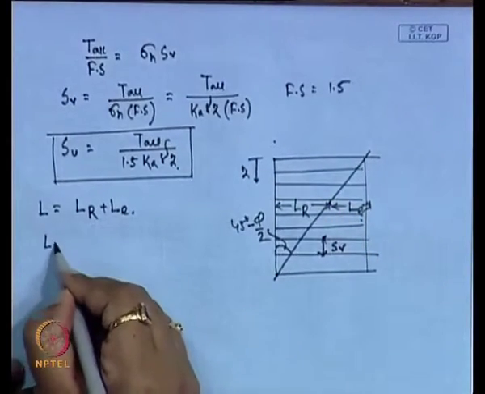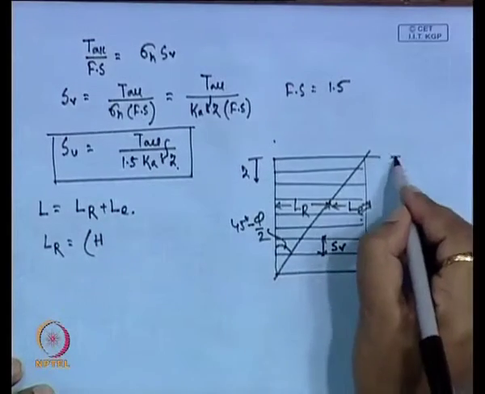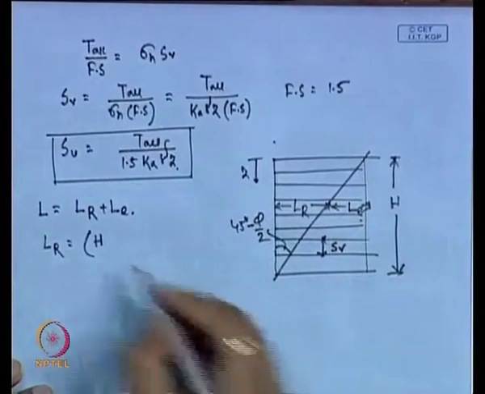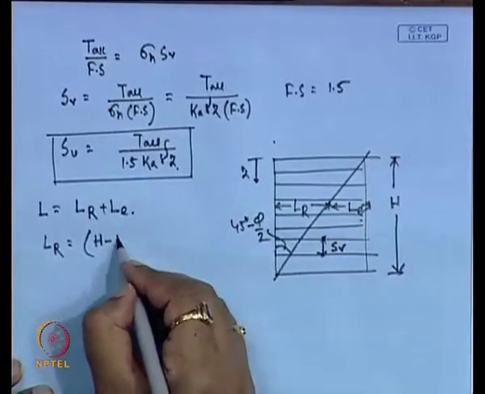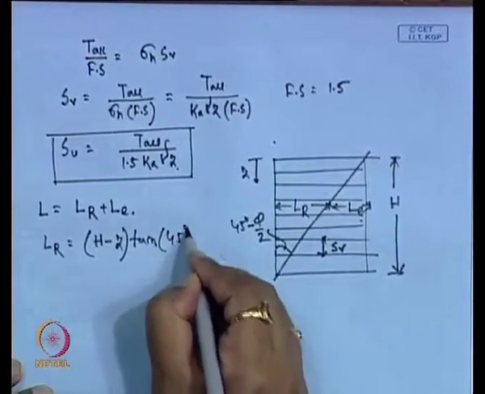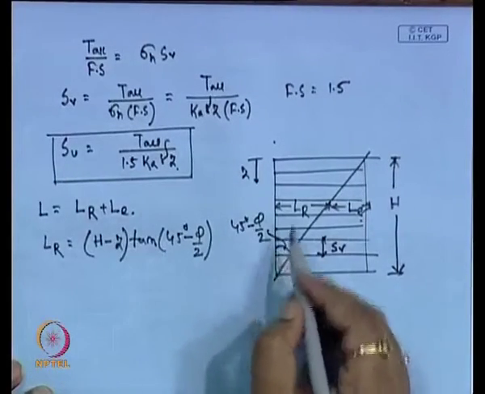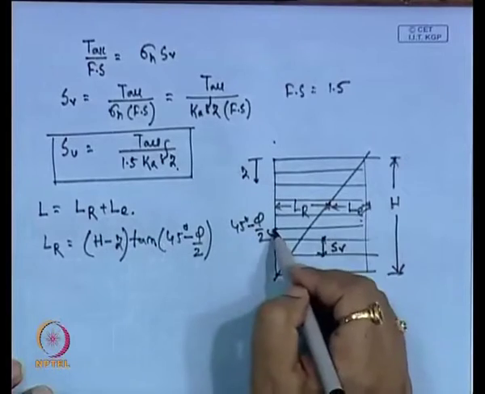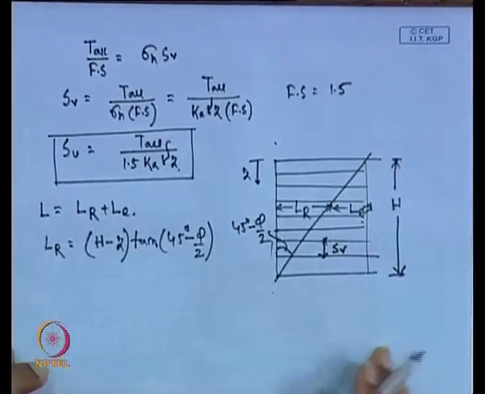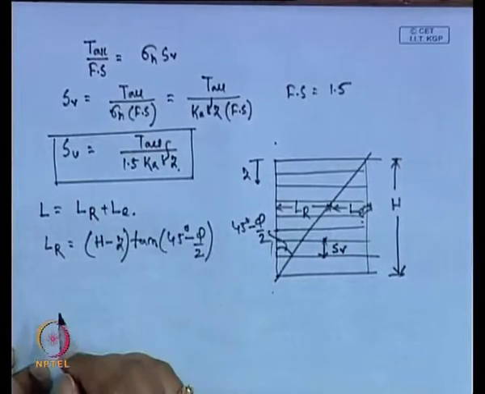So, L r we can determine from this expression: this is H, so (H minus z) into tan (45 degrees minus phi by 2). So, at any depth, this is H minus z, into tan (45 minus phi by 2). The next one, you have to calculate the L e. L r we can calculate by this expression.